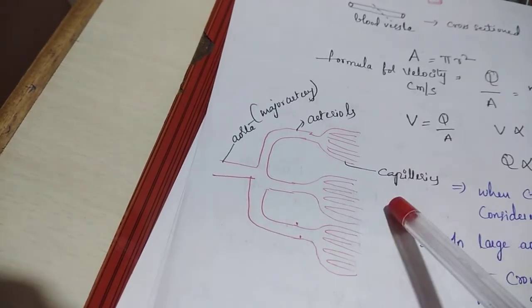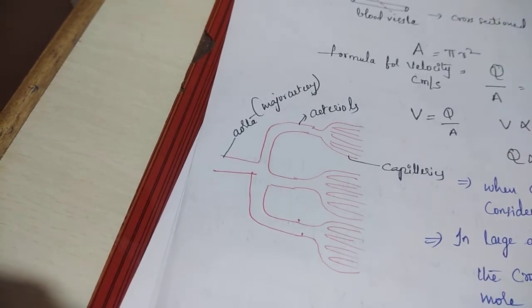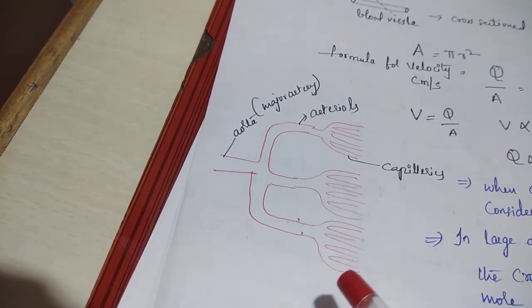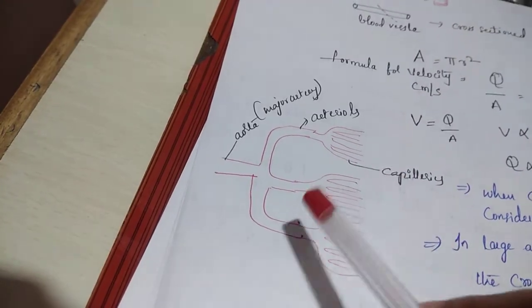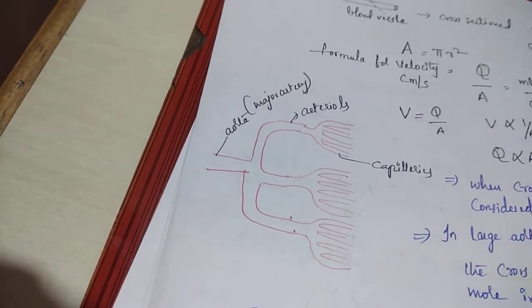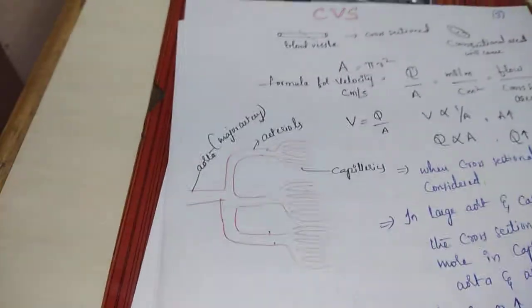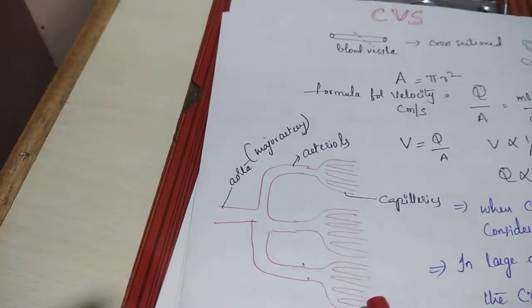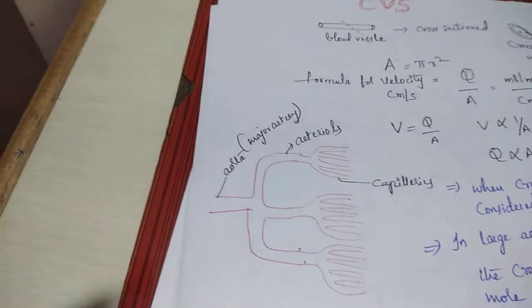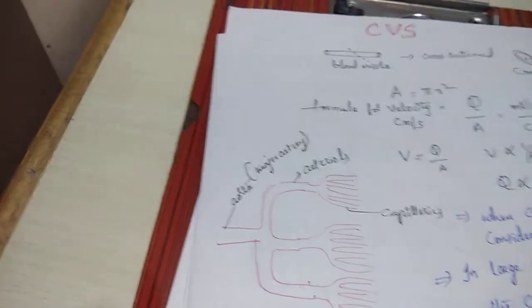When it is reaching the systemic tissues, upon the movement the blood velocity is slowly decreasing, and by reaching the capillaries it is decreasing further. So the velocity of blood in capillaries is very low compared to the aorta.